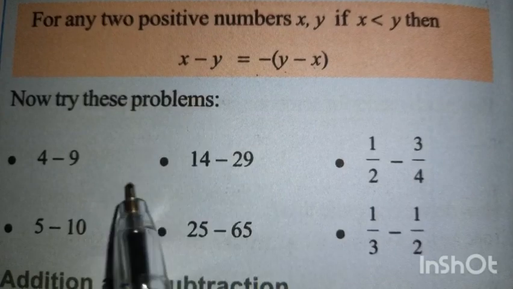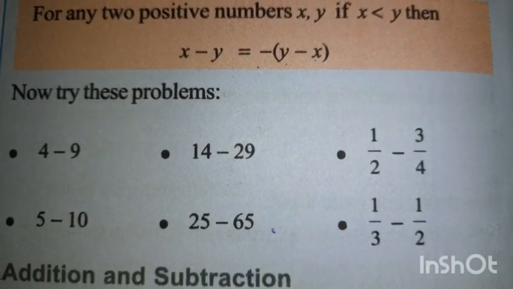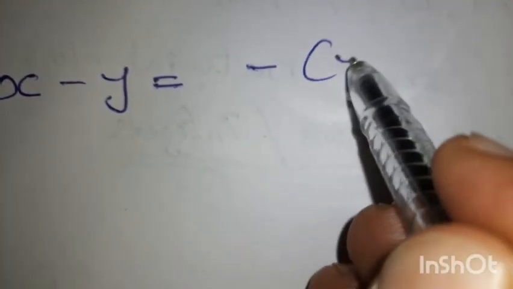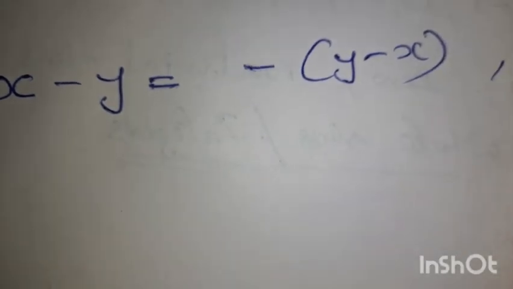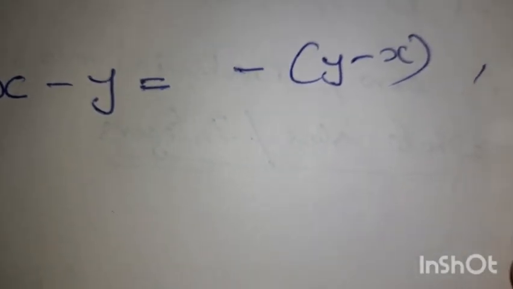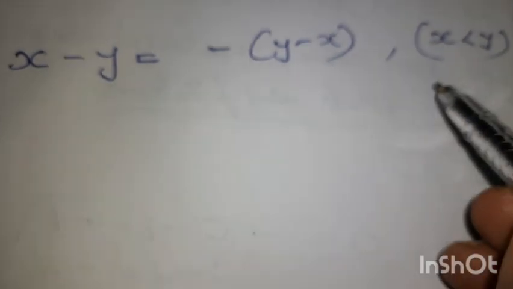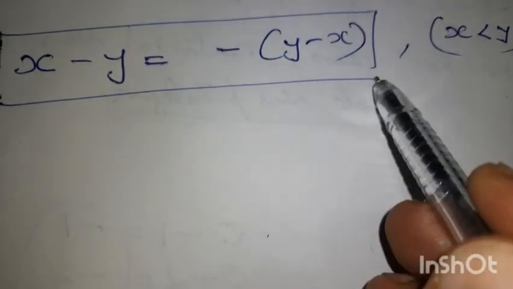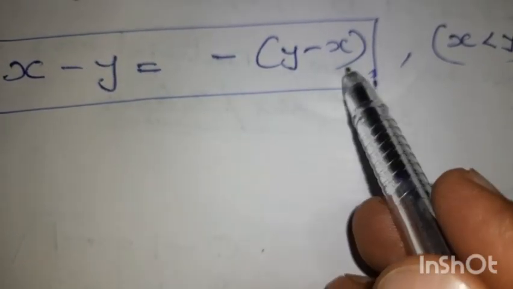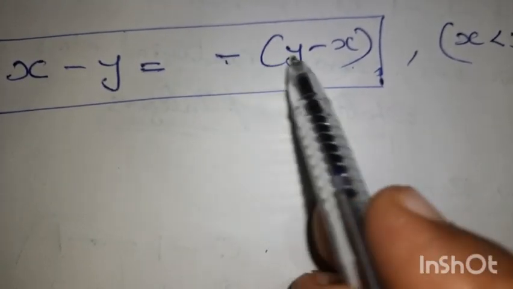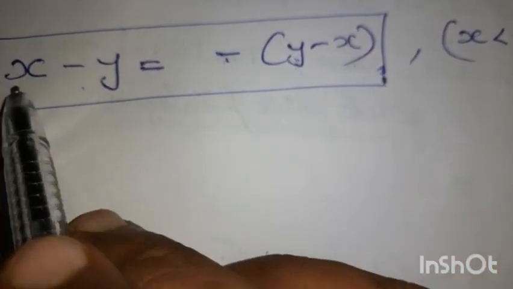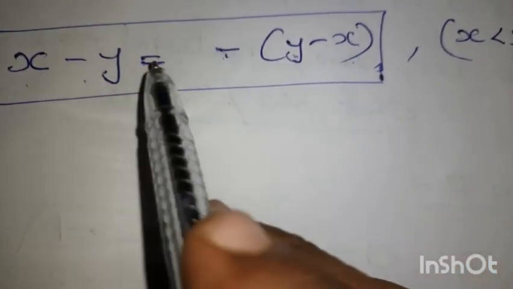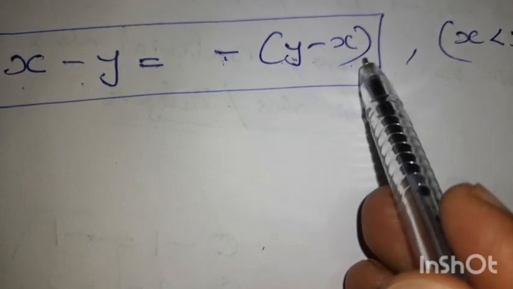So using this equation, we have to complete this exercise. x minus y is equal to minus of y minus x, where x should be greater than y.